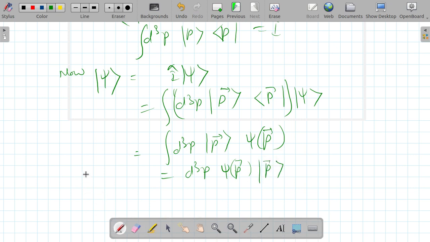So this is the momentum space wave function. That means psi of p is the momentum space wave function.